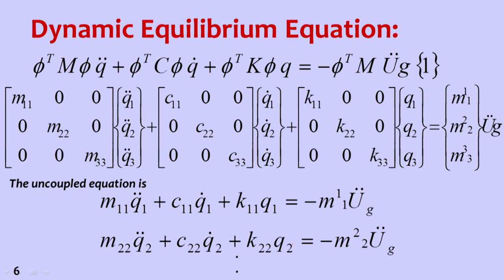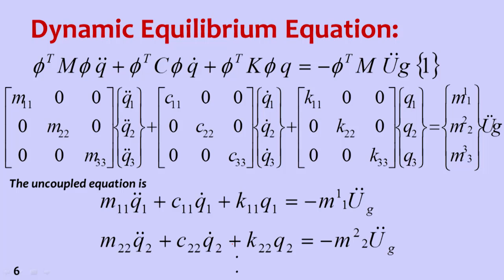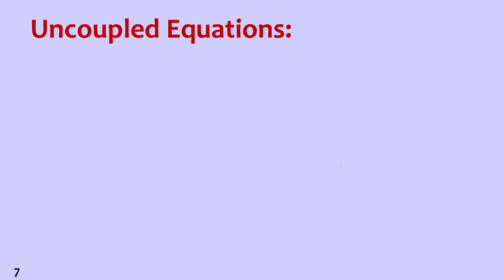Here, M22 and so on for the second equation, then the third equation. In a way, we have converted n degree of freedom systems into n single degree of freedom systems. Each equation is a single degree of freedom system with changed coordinates. The displacement function is no longer in terms of u; it has been converted into q.